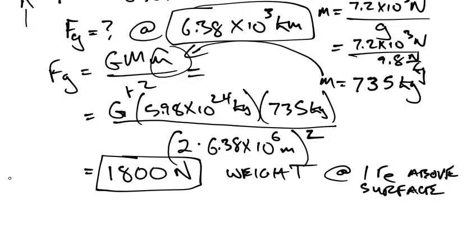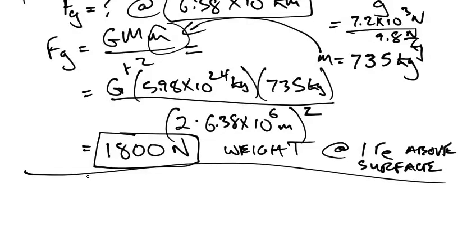Next part of the question says, what is the force of gravity at a height of 1.28 times 10 to the power of 4 kilometers above the surface? So now our new radius is 1.28 times 10 to the power of 4 kilometers.